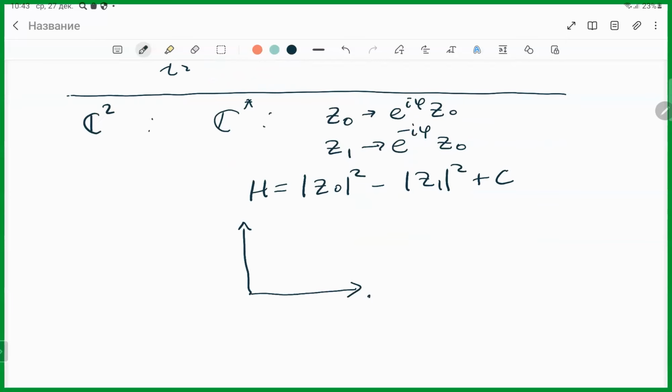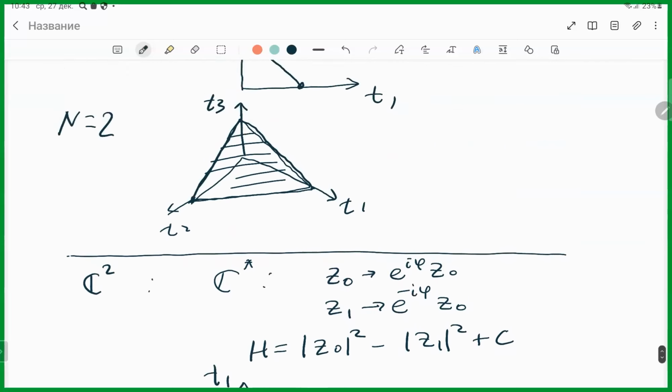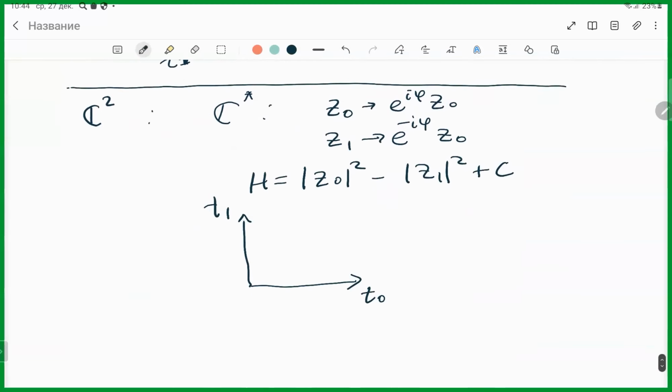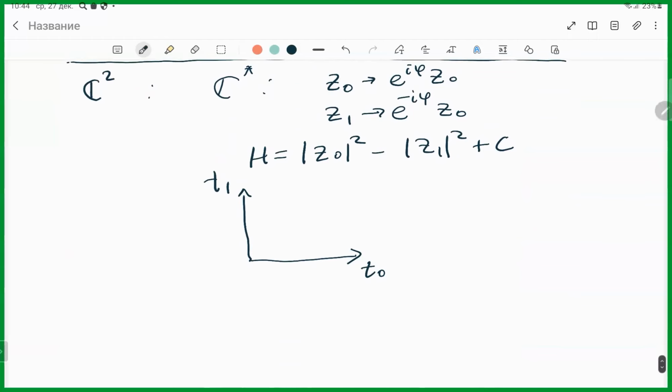Then in coordinates t0, t1, for positive c, I'll have a picture like this.